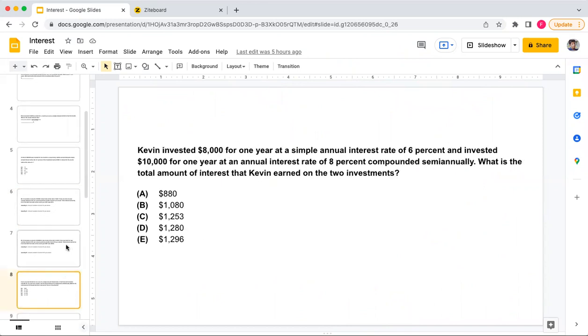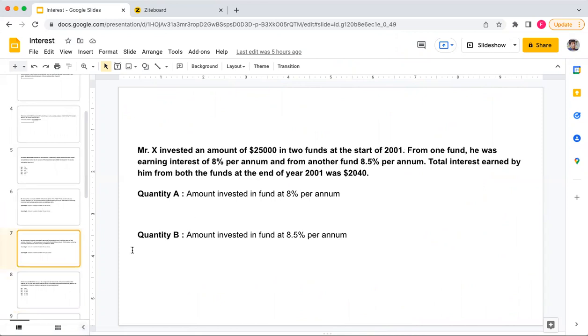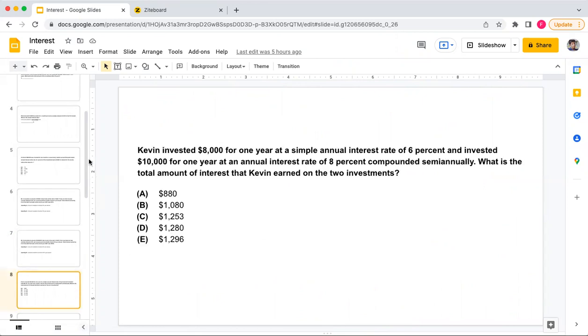The next questions, there's one more question relevant to this. You can solve this later. And the rest of the questions are from compound interest. Shall we move to the compound interest now?